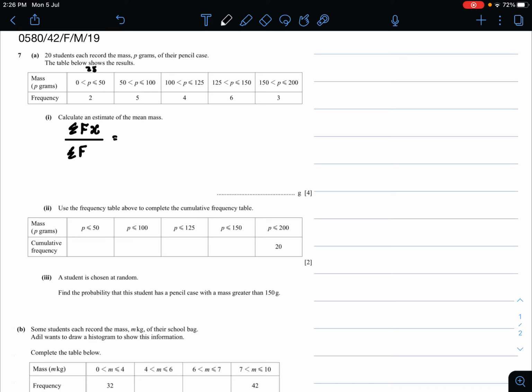So 25 multiplied by 2 would be 50, plus the average of 50 and 100, 75, and 75 into 5 would be 375. The average of 100 and 125 would be 112.5, and 112.5 into 4 would be 450.